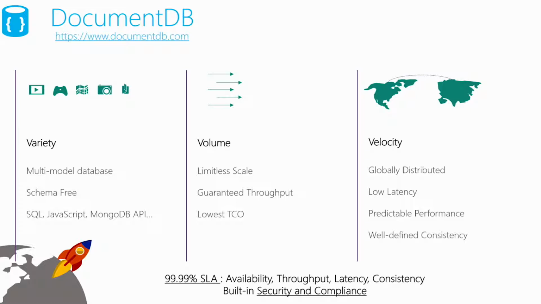To summarize, if you look at the needs of a modern application in the cloud-first, mobile-first world, these applications care about the variety of data, the volume of data, and the velocity of data.